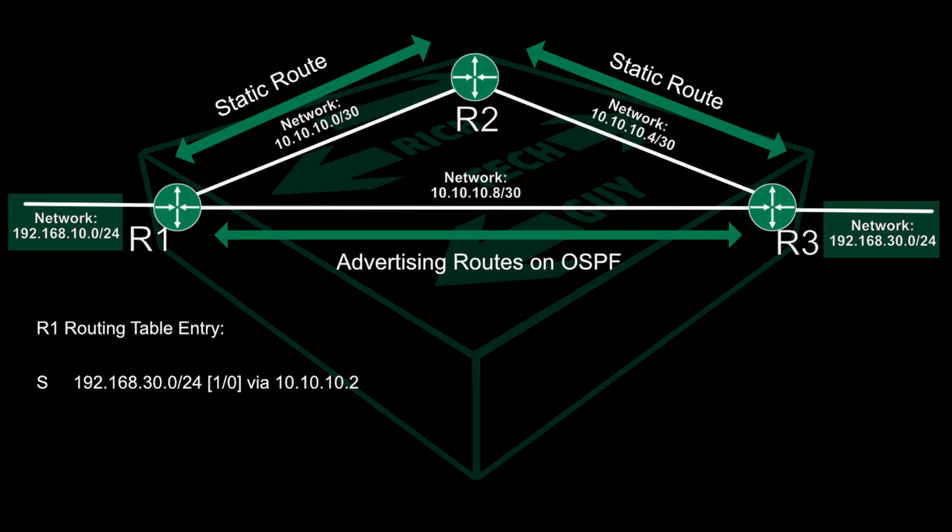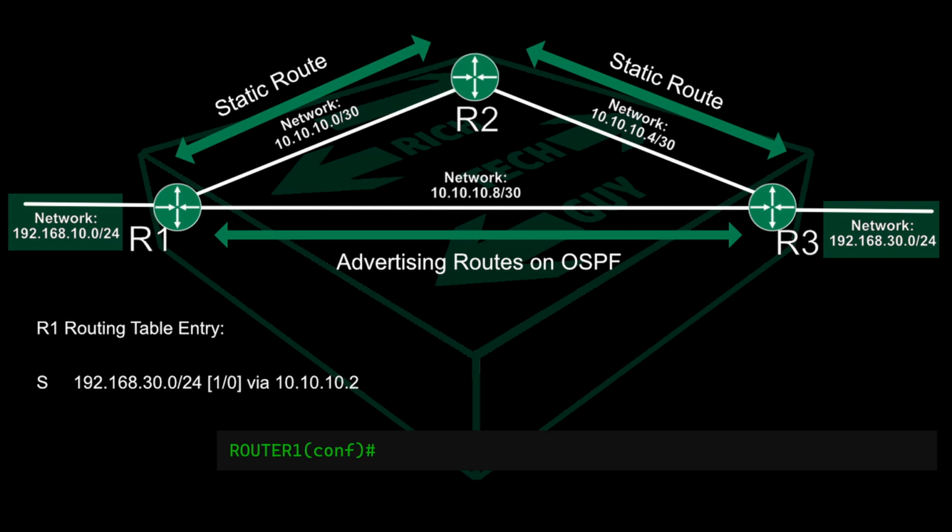Now, one of these is being advertised to our router via OSPF. And the other route is through a static route. But we're going to prefer the OSPF route. So what we're going to do is when we configure that static route command into the router, we're going to put an administrative distance value higher than 110.